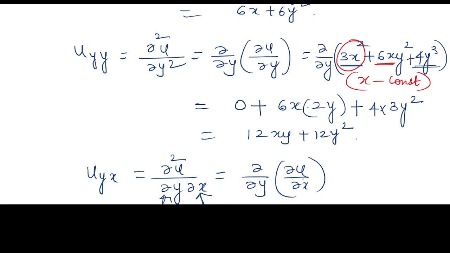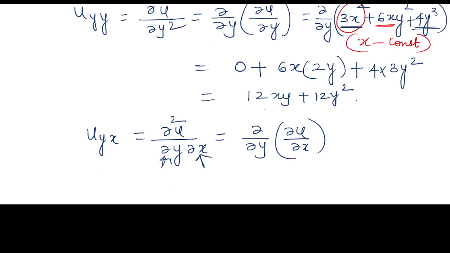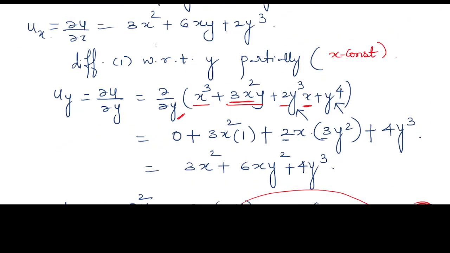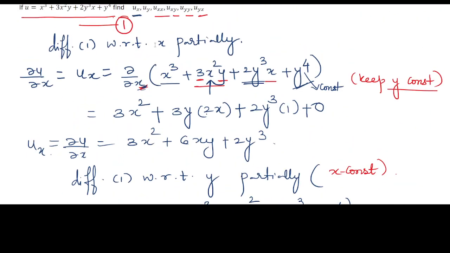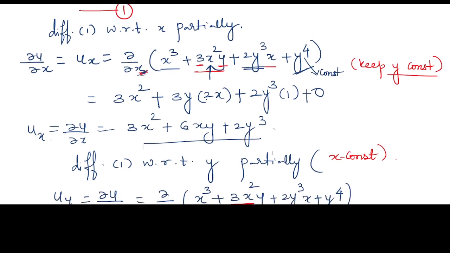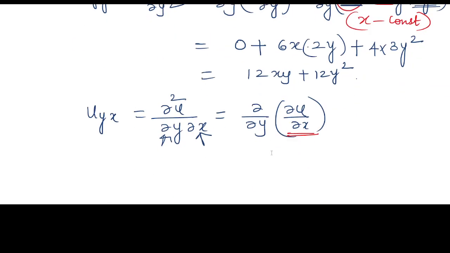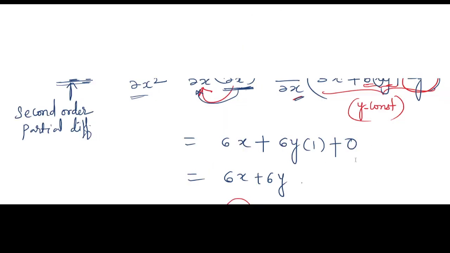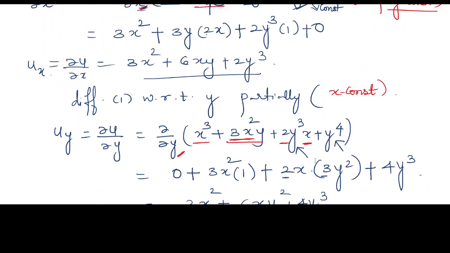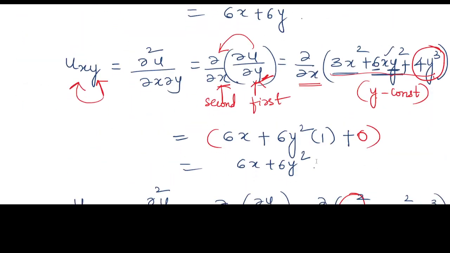Now we will write the value of ∂u/∂x, already calculated, which is 3x² plus 6xy plus 2y³. Let us check again: 3x² plus 6xy plus 2y³.